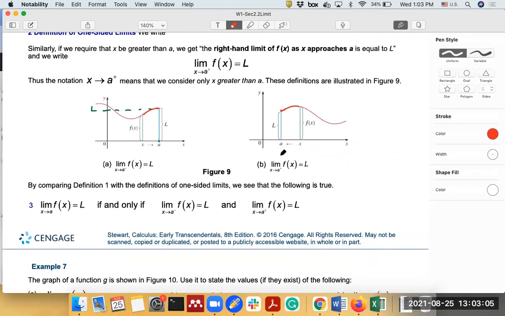And this is a very important point. If the left-hand limit of the function f of x at a exists and it is equal to L, and the right-hand limit is also L, then we simply say that the limit of the function f of x as x approaches a is equal to L, if and only if.